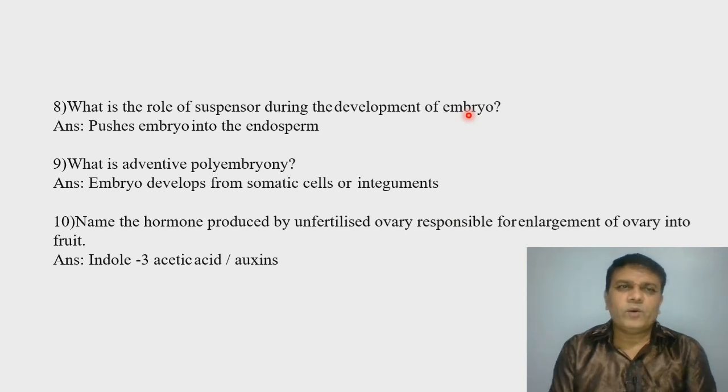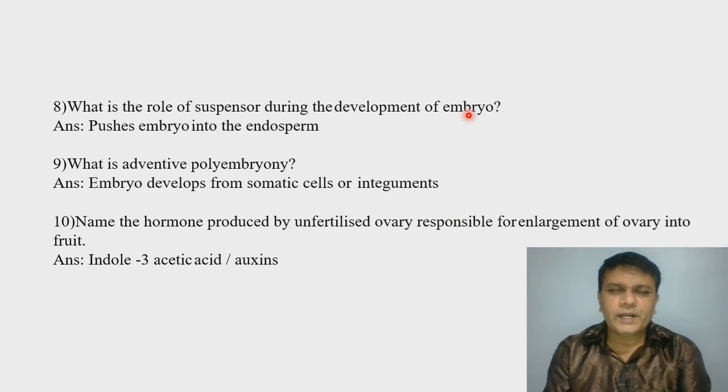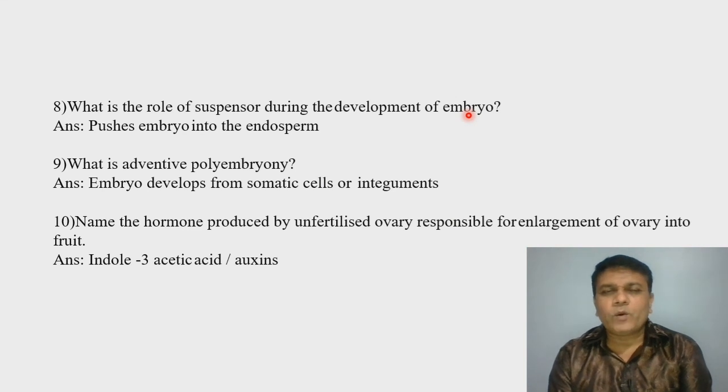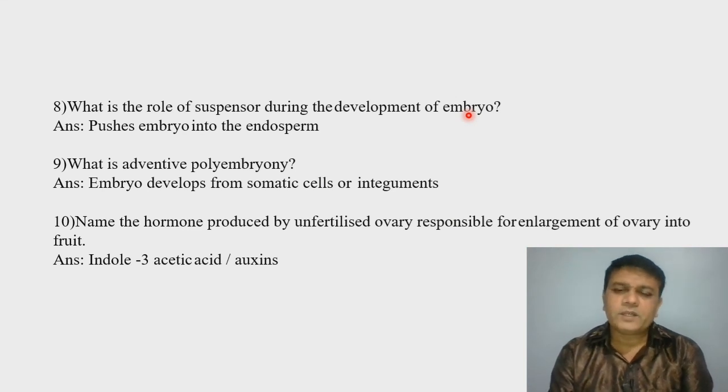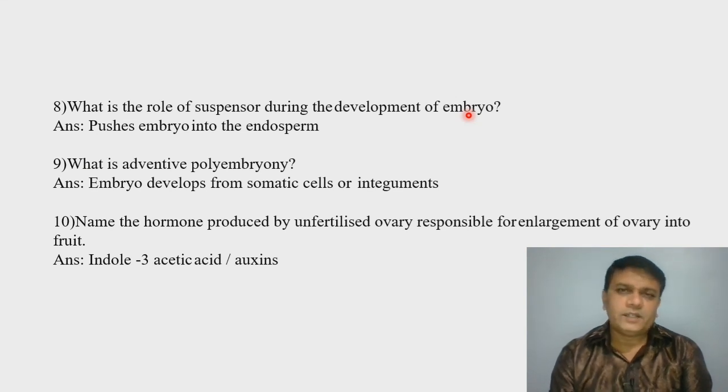Then this zygote will later on undergo cell division, and it will form a two-celled proembryo in which the larger cell towards the micropyle is called as suspensor initial, and the smaller cell which is present towards the chalaza is called as terminal or embryonal initial cell.